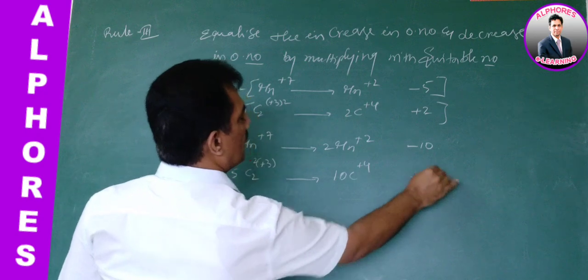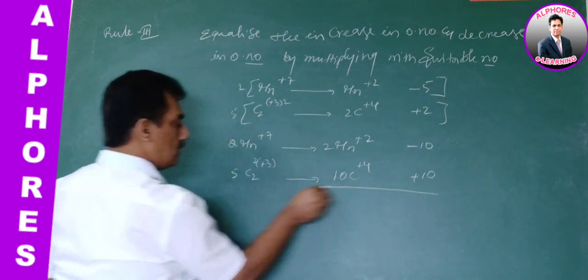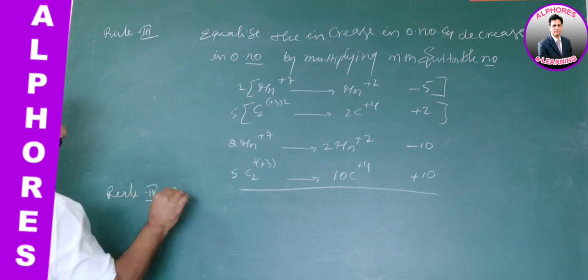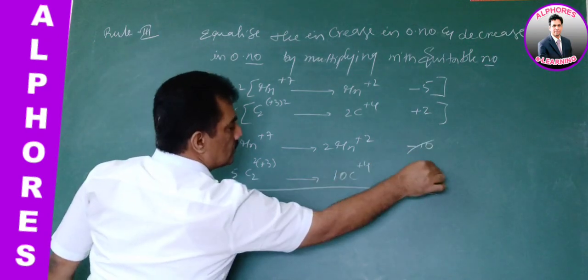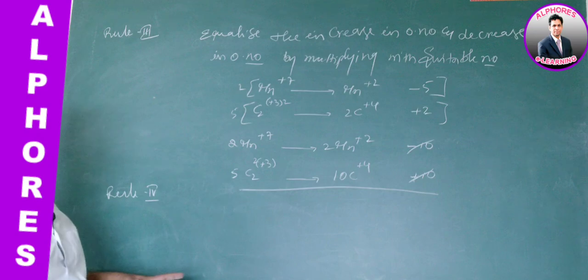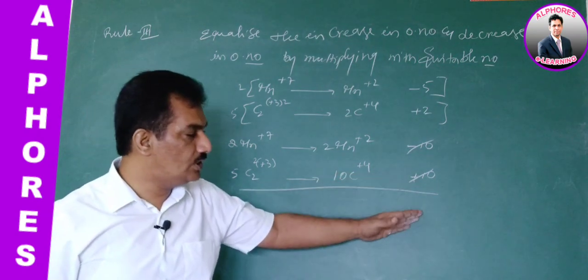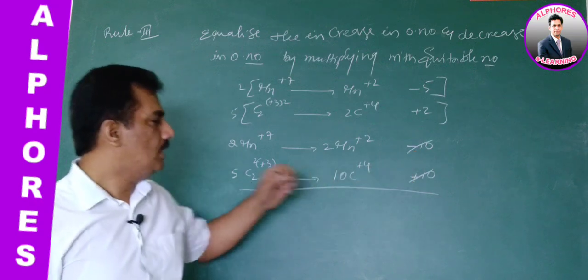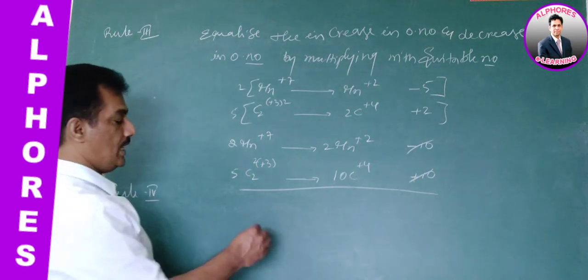Here the change is plus 10. Now what rule number 4 says is cancel these two. That's why we are equalizing the increase in oxidation number with the decrease in oxidation number. Clear?